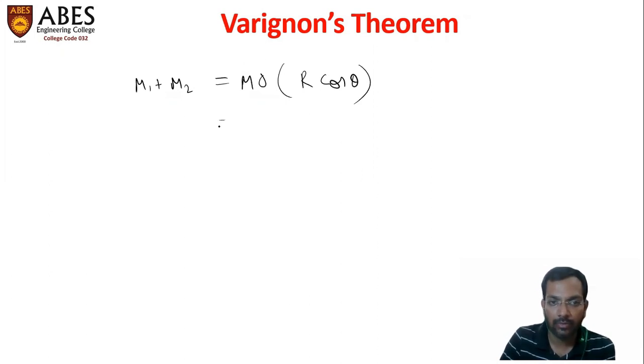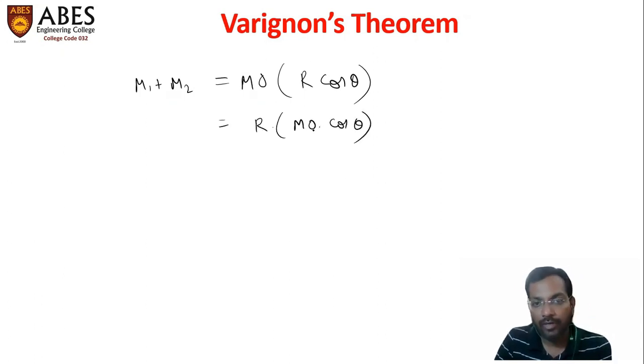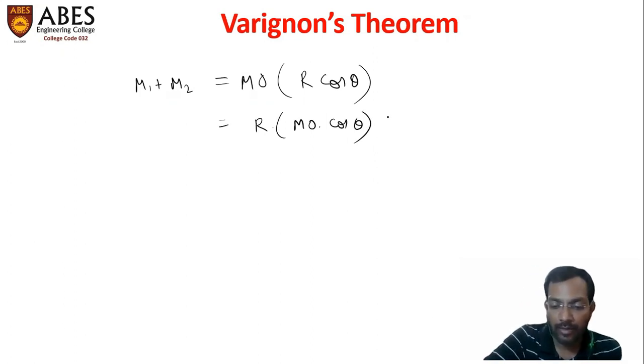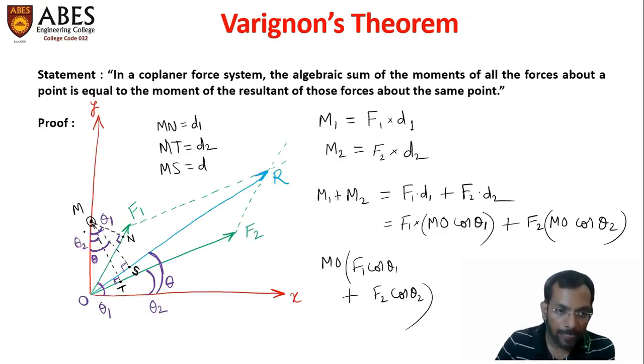Now this can also be written in this way, R into MO cos theta. Now what is MO cos theta? Look at the diagram once again. Please observe this triangle MOS. This is once again a right angle triangle.